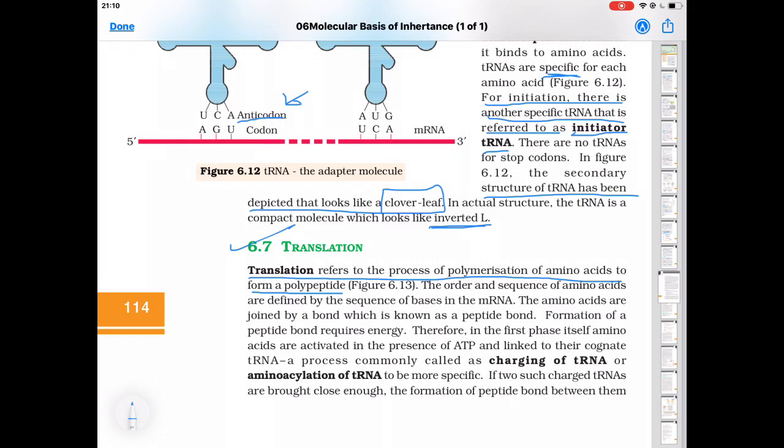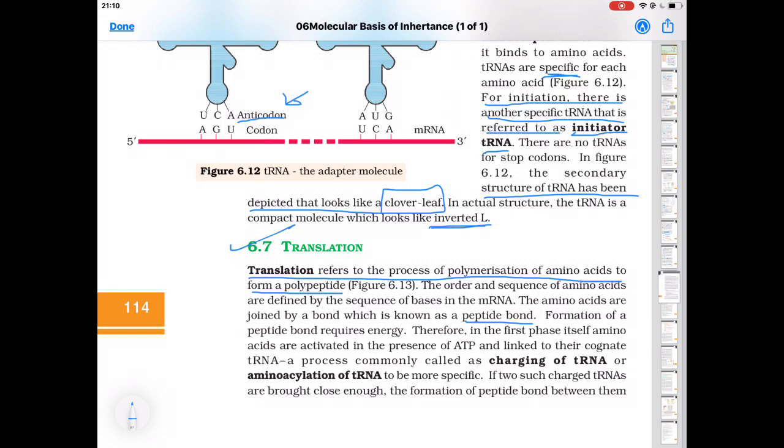The amino acids are joined according to the base sequence present on the mRNA. The tRNA reads the code on the mRNA and accordingly brings the amino acid, and then different amino acids combine to form the polypeptide. The amino acids are joined by a bond known as a peptide bond.